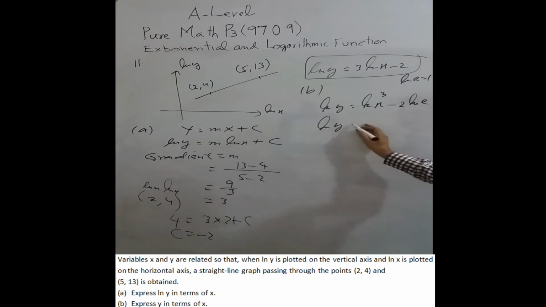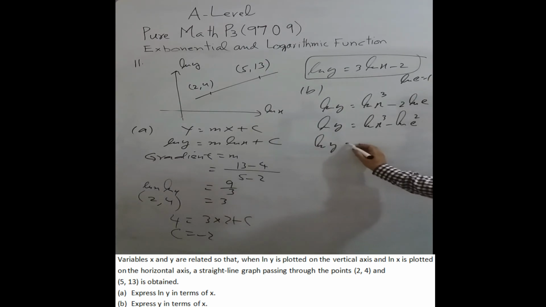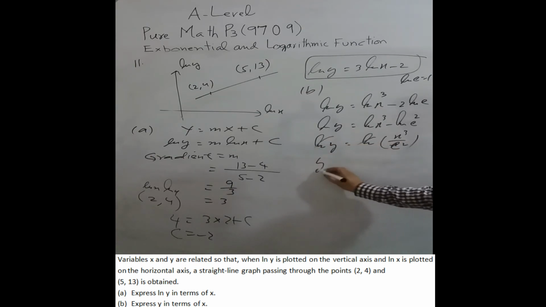Now ln y = ln x cubed minus, power law in reverse order, ln e squared. Now apply the quotient law of logs, you can write it as ln of x cubed over e squared. Now the log cancels out, and you have y = x cubed over e squared.